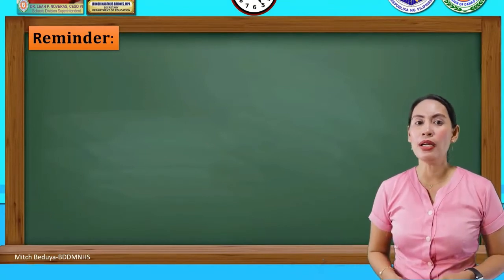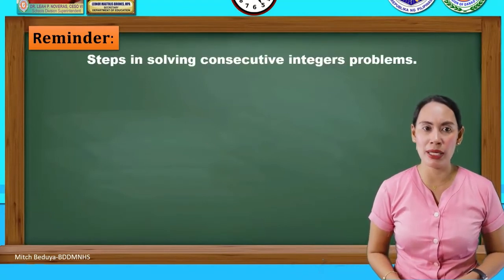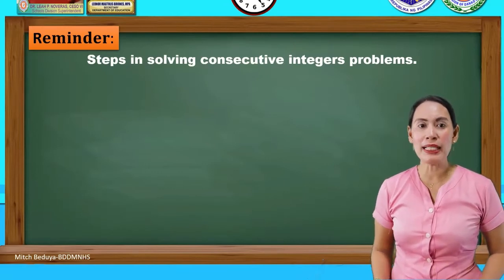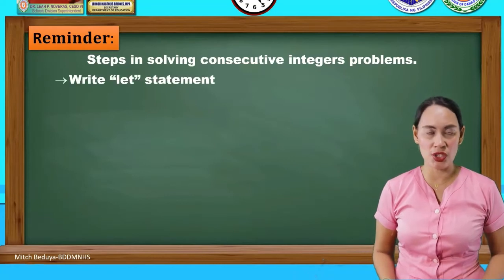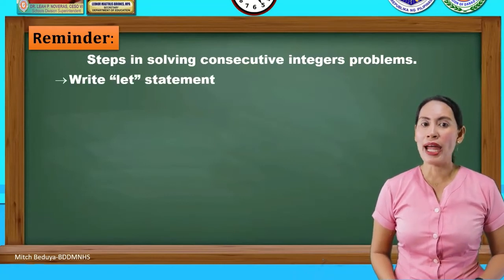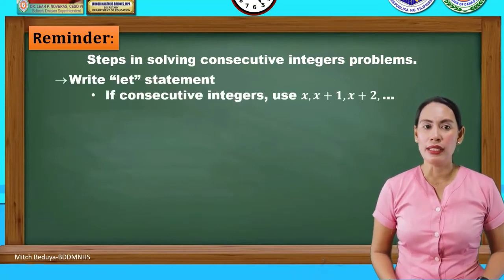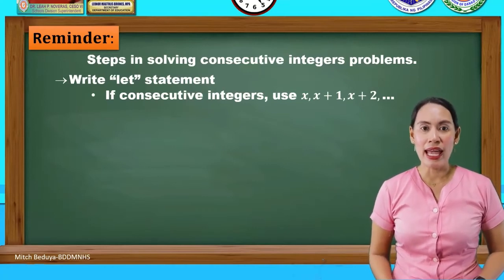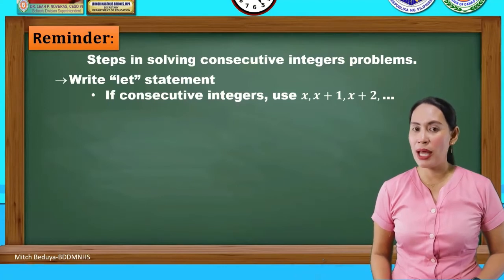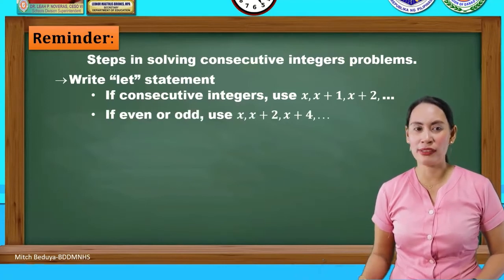Reminders in solving consecutive integer problems. Here are the steps in solving problems involving consecutive integers. Write the let statement. If consecutive integers, use x, x plus 1, x plus 2, and so on.